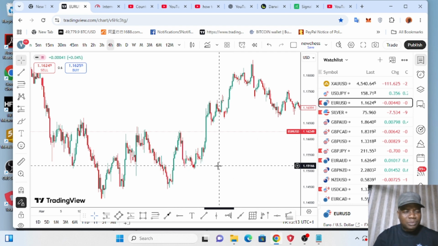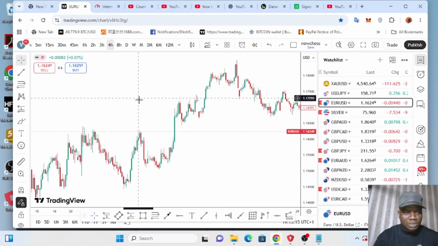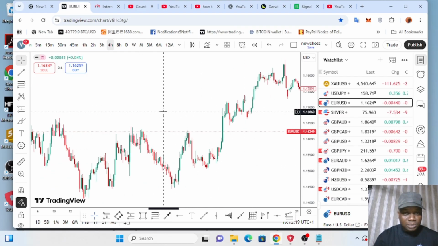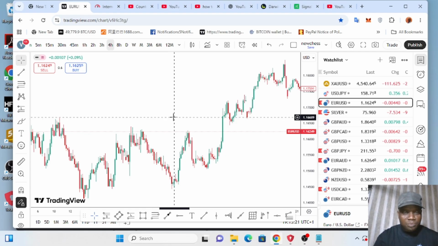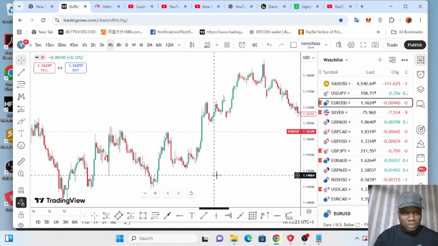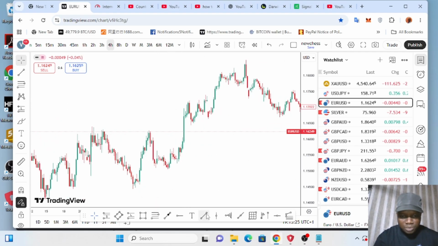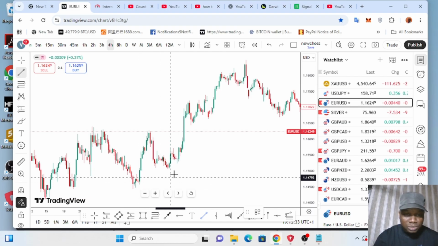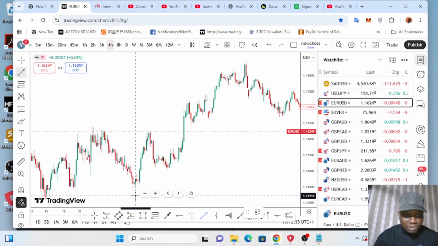Before I actually show you how to draw it correctly, I'm seeing something right now where some people, when they want to draw a trend line, will just pick up their trend line, whether you are connecting two wicks together, or using closing price and any other method.